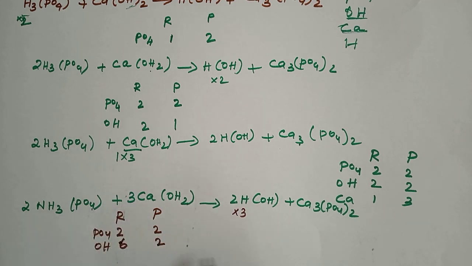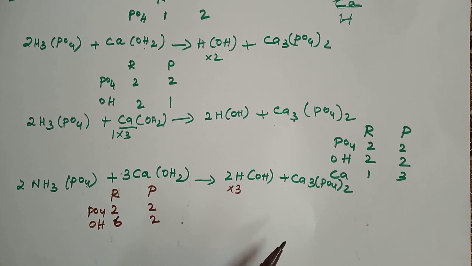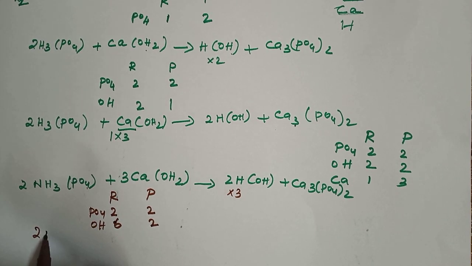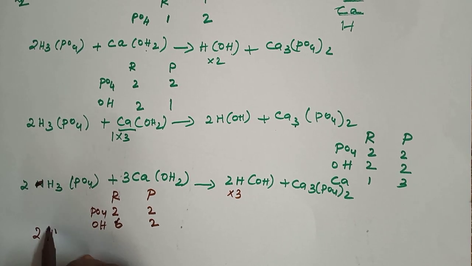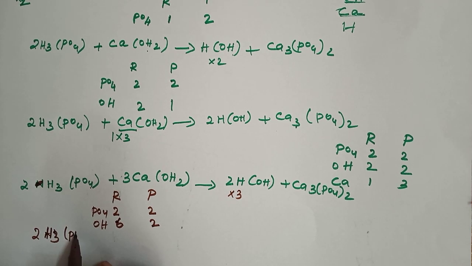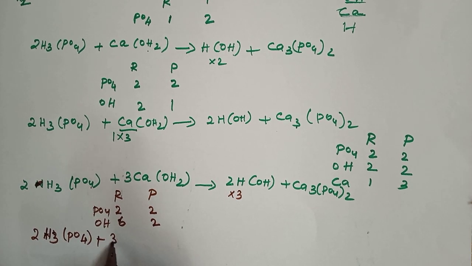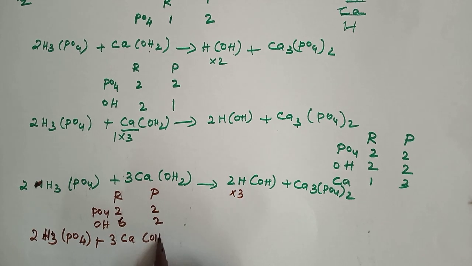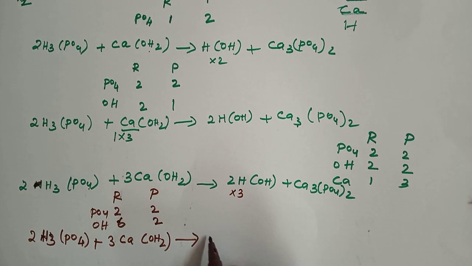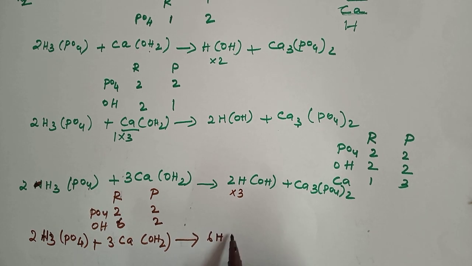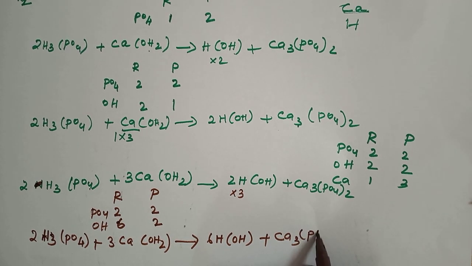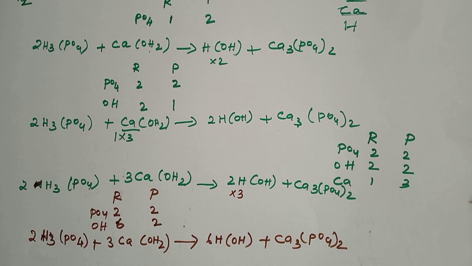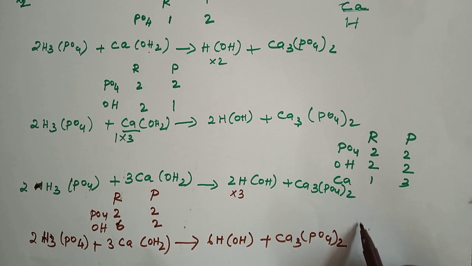So our new equation is 2H3PO4 plus 3CaOH2 gives 6HOH plus Ca3PO4 2. This is our new balanced equation. Okay, so now we can check it once again.